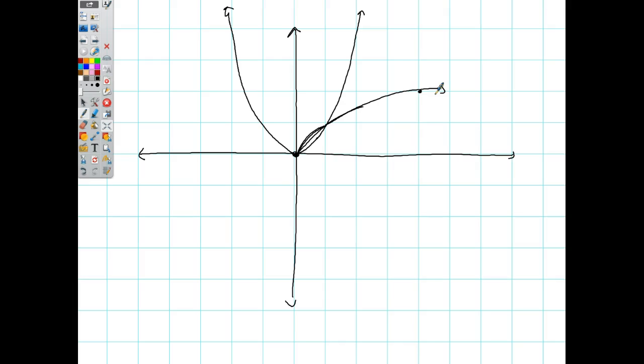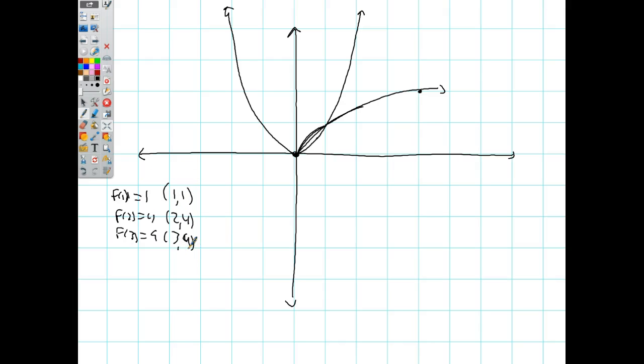All right. You should have a nice table. F of 1, we said, was going to be what? 1. F of 2 is 4. F of 3 is 9, right? So these points, by the way, are (1, 1), (2, 4), (3, 9).